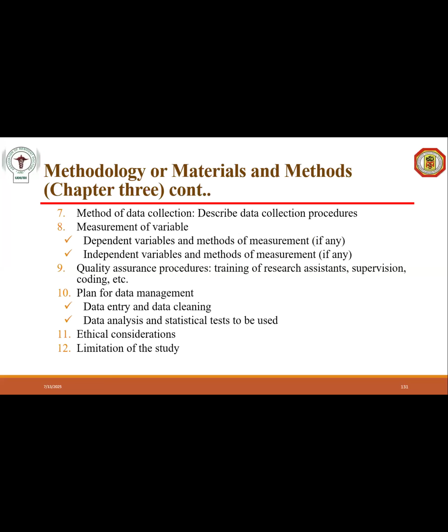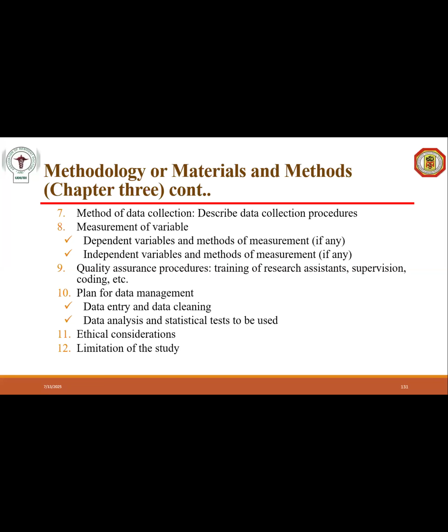The next one is method of data collection. Now you have seen the first things we say: study area, study design, study population, inclusion criteria, exclusion criteria, sample size determination, sampling technique, method, instrument of data collection. So the next thing is method.